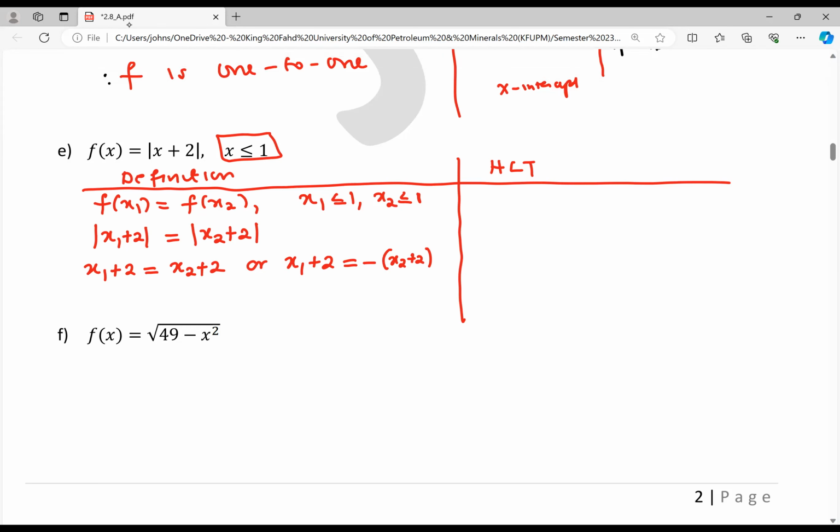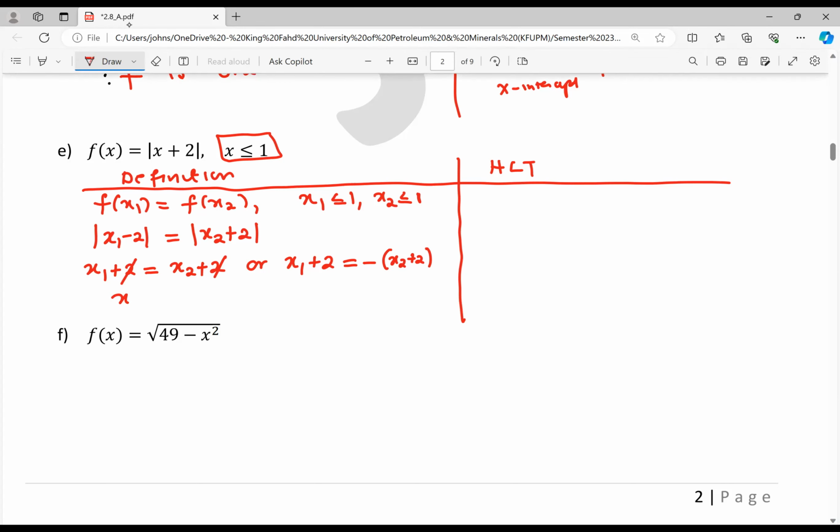The reason we're doing this is that this condition is not enough. If you take x to be 0, this will be positive, but if you take x to be minus 5, it will be negative. Since you are not getting just one sign, you just have to do this. So if you try to solve this, the 2 will cancel the 2, so x1 is equal to x2. This looks good.